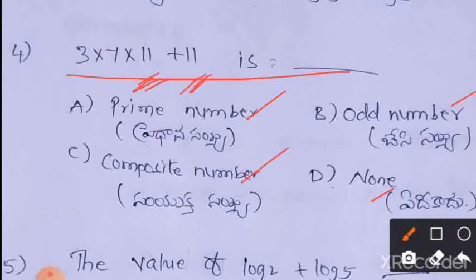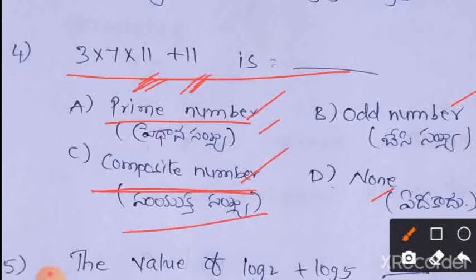Actually, suppose we take it as a prime number. A prime number must have only 1 and itself as factors. If there is any other factor, then that number is called a composite number.